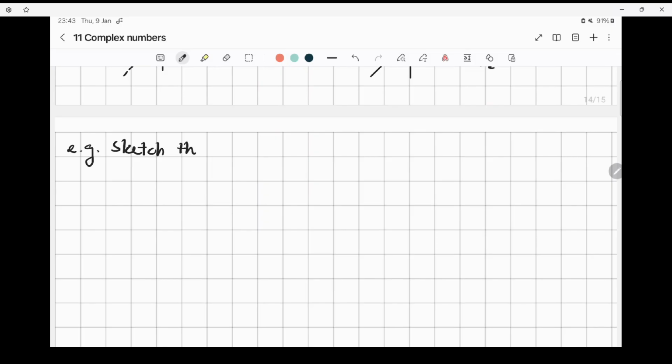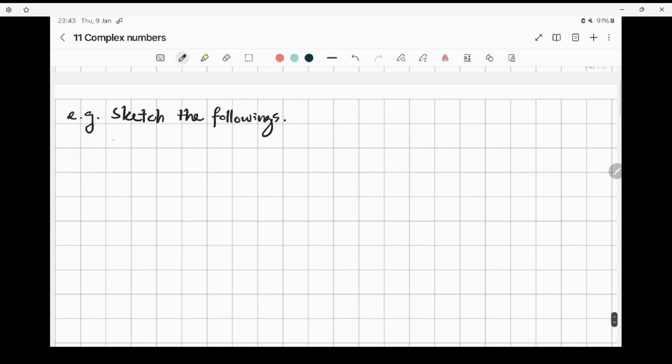Sketch the following. So the first one, if you have the modulus of z plus 4 minus 5i equals 2. So always remember, convert this to a negative sign.